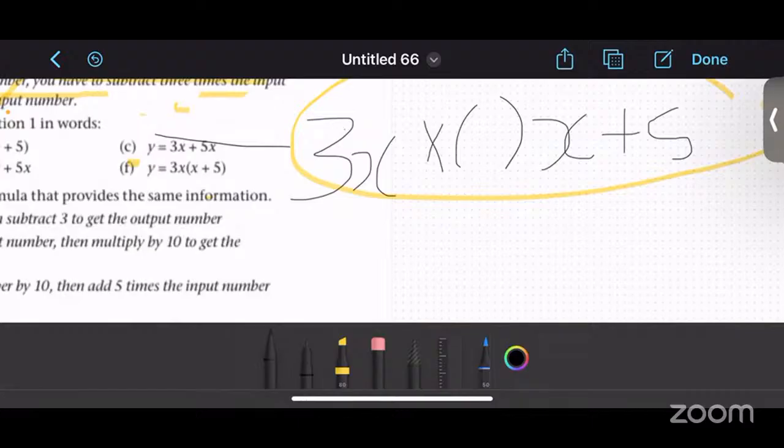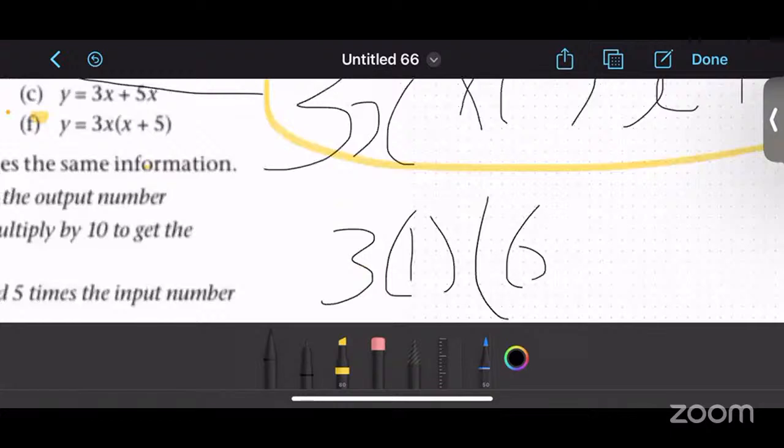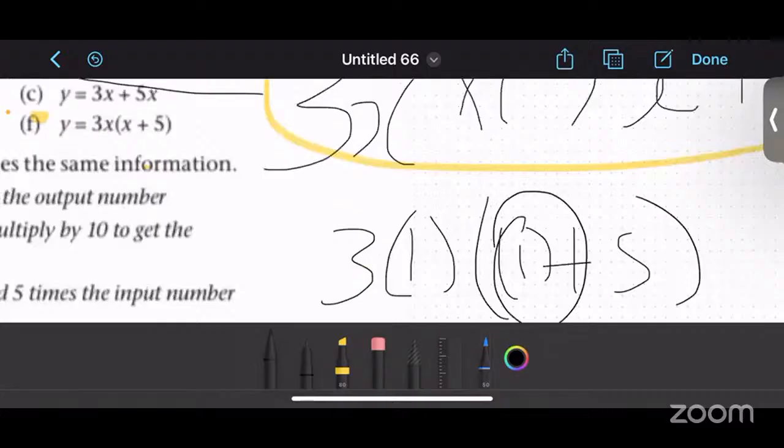So in this case, if it's 3x into x plus 5, and let's say our x is 1, we're going to have open bracket, 1, close bracket, plus 5. This is how you remove the variable. You put everything in brackets just so you don't get confused.